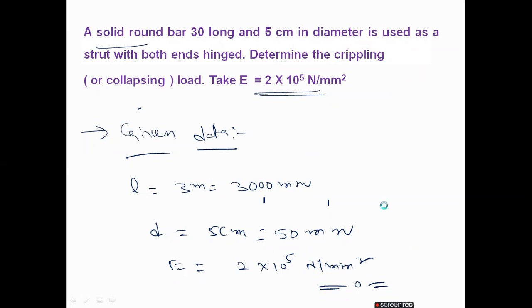Before that, we have to calculate the moment of inertia. For this type, I equal to pi d power 4 by 64. This is the formula we are going to use. Here the d value we know already.